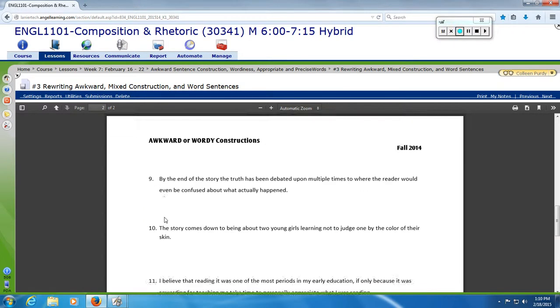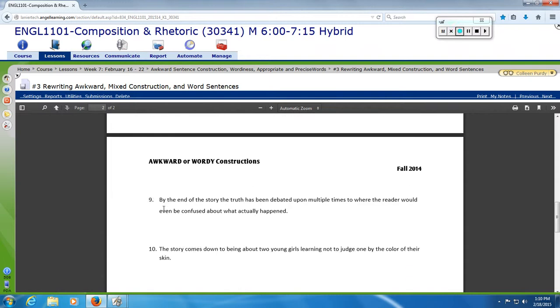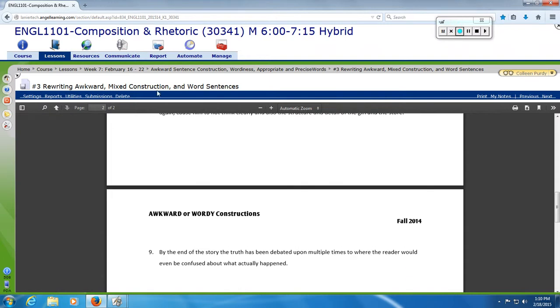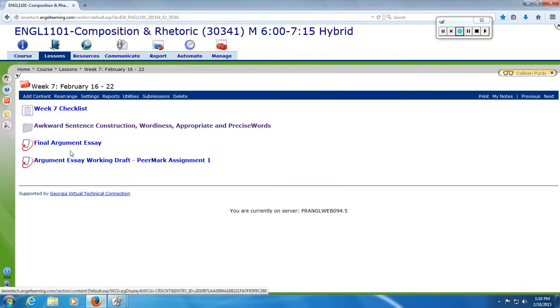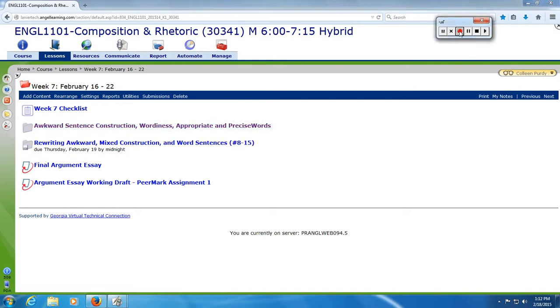Now, somebody asked me, do you want us to type this as a Word document and submit it to the Dropbox, which is right here? This is your final. Where's my Dropbox here? So as you see, the Dropbox for rewriting awkward mixed construction and word sentences, again, that's equally awkward.